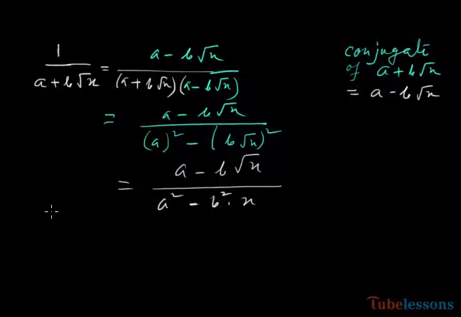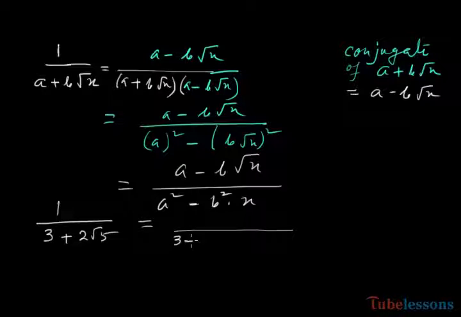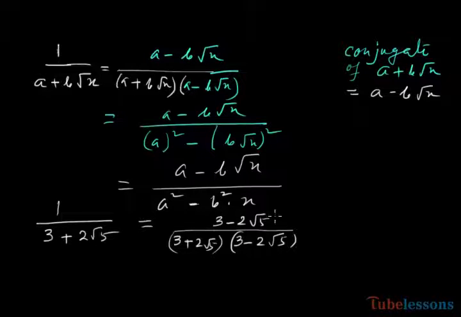Let's see an example. 3 plus 2 root 5, and its conjugate is 3 minus 2 root 5. We multiply numerator and denominator by 3 minus 2 root 5.